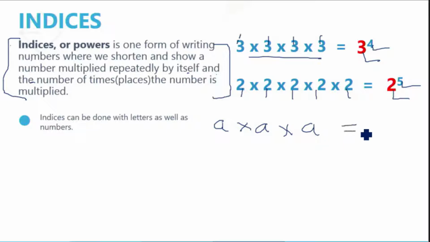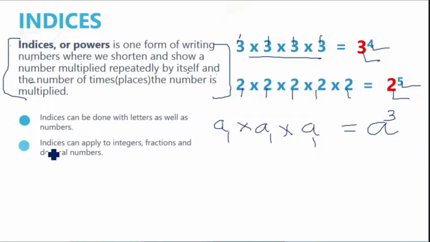So it's just the letter A multiplied repeatedly by itself. So the letter here is A, and the number of times it is multiplied repeatedly is 1, 2, and 3. And we write it as A to the power 3. Okay, so we have shown that indices can be done with letters as well as numbers. So it's not only numbers that you will be seeing as we move on.